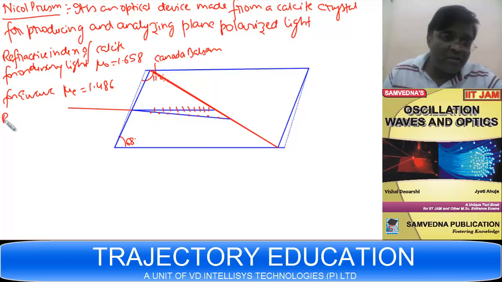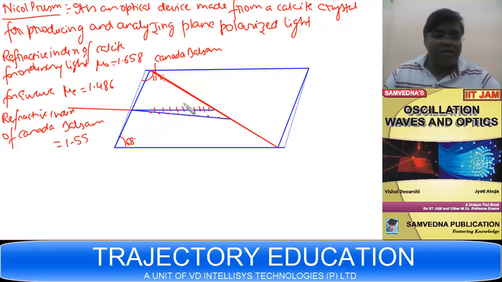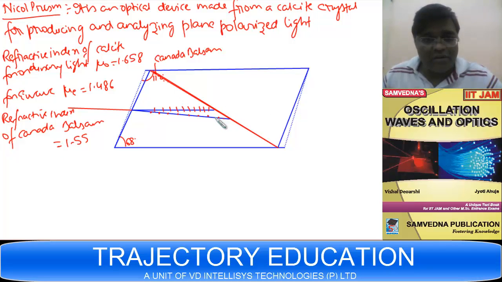Now the refractive index of Canada balsam is 1.55. So this is your E wave and this is your O wave.